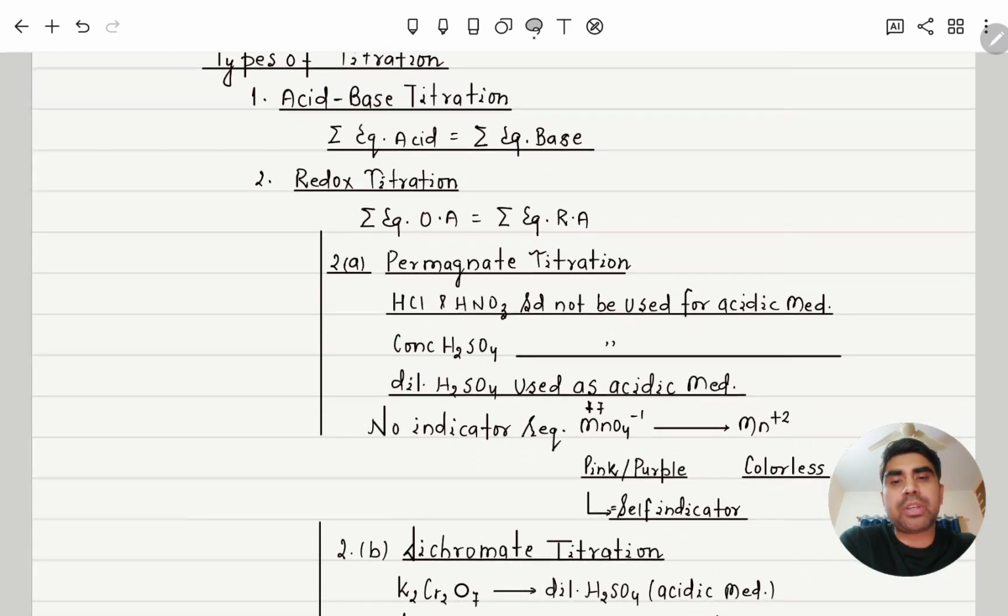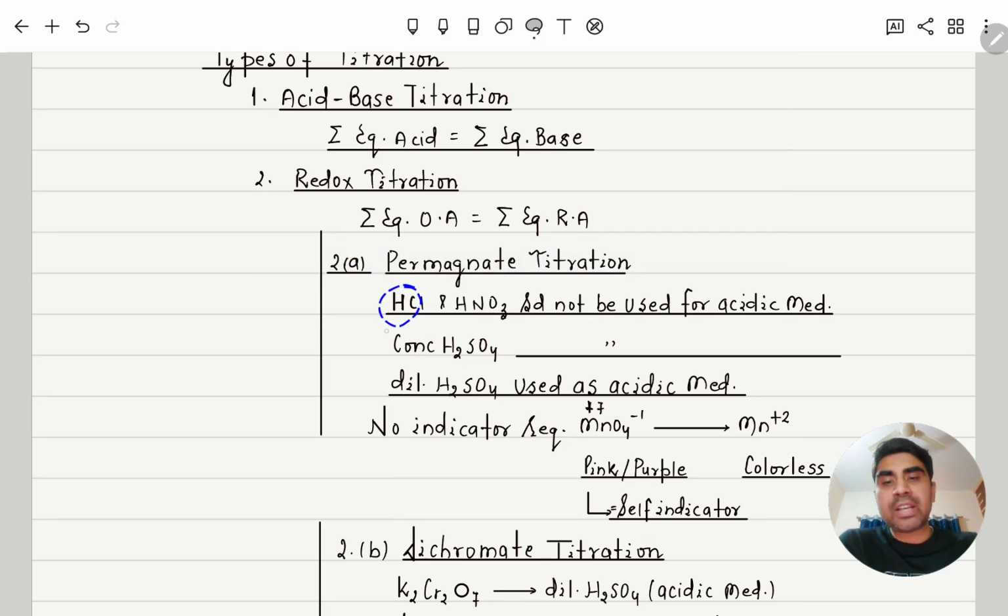On each topic we discuss sufficient problems in classes, so you should revise those parallelly. In redox titration, the first type is permanganate titration, MnO4 minus. For this we do the titration in acidic medium, but we cannot take HCl or HNO3, because Mn is at +7 so it will be reduced and will oxidize the other, so Cl minus will go to Cl2.